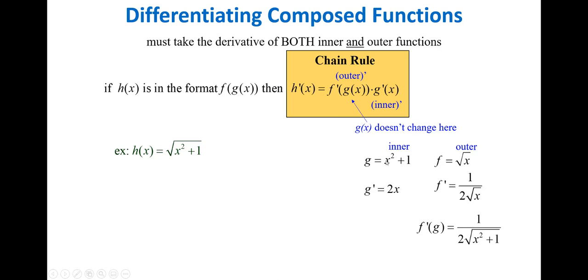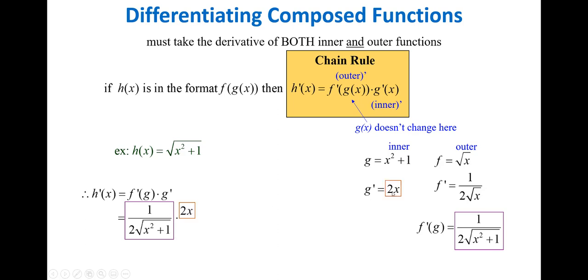Then g prime is just 2x, and pulling this all together, then h prime of x would be f prime g times g prime. Then here's f prime g, so that'll be 1 over 2 radical x squared plus 1 times g prime, which is 2x.